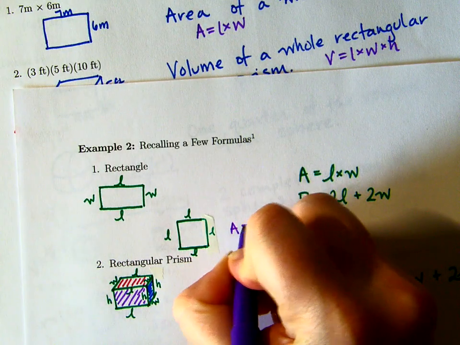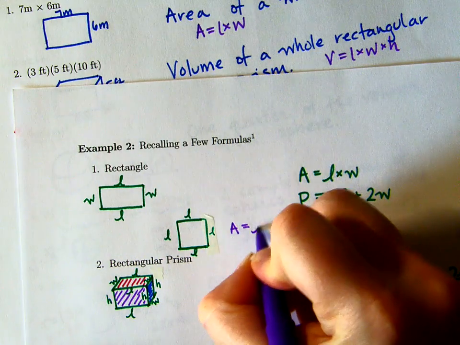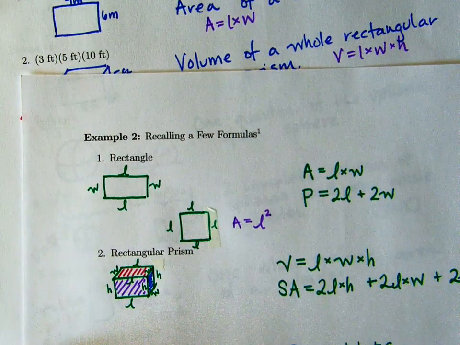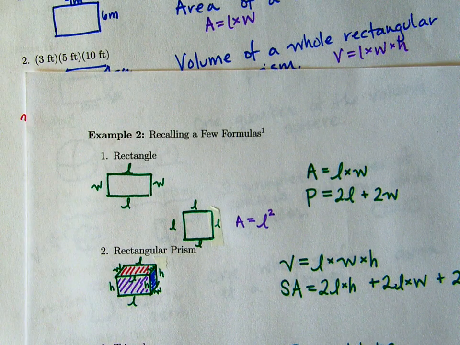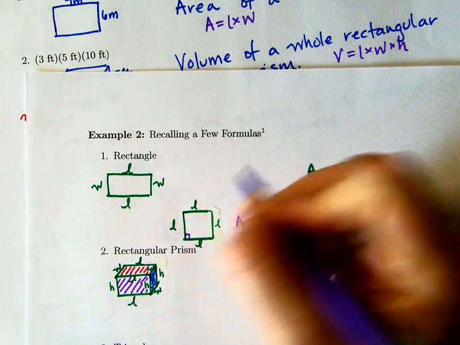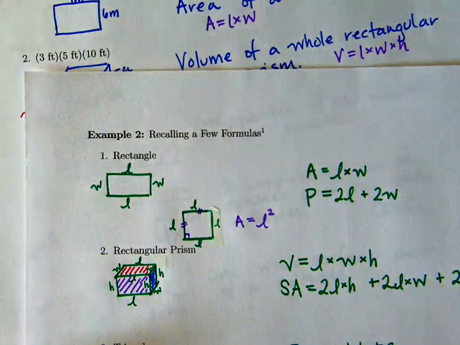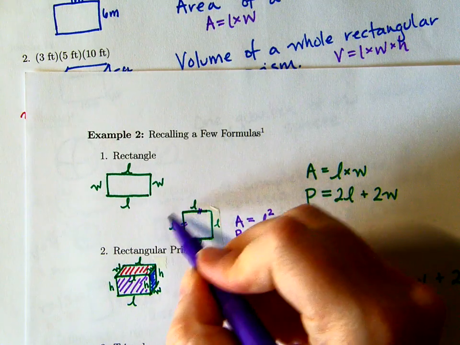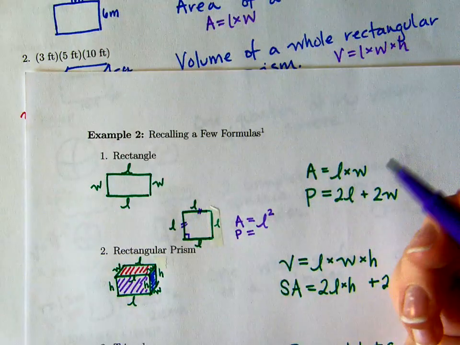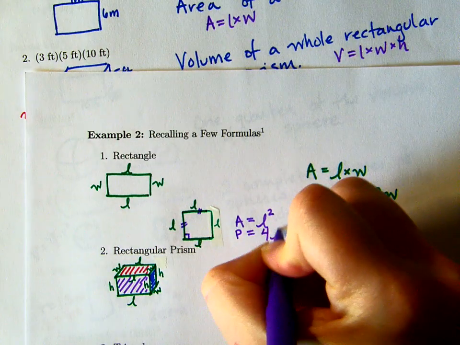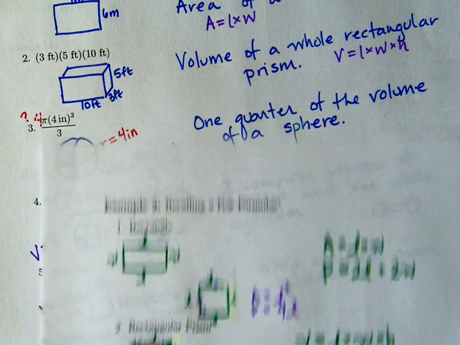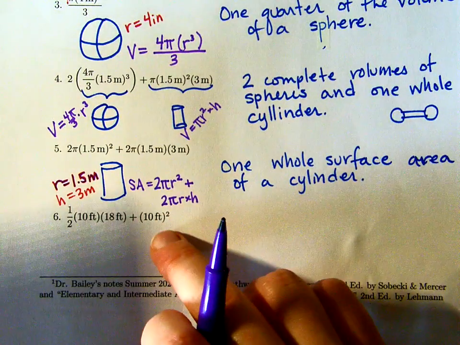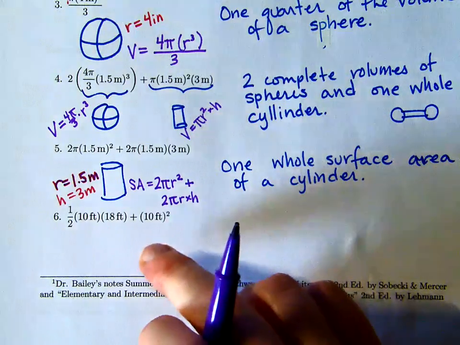The area would be length by length, or length squared, or a lot of books call it the side squared for the square. And the perimeter here would be L plus L plus L plus L, or add L 4 times, or 4 L's.